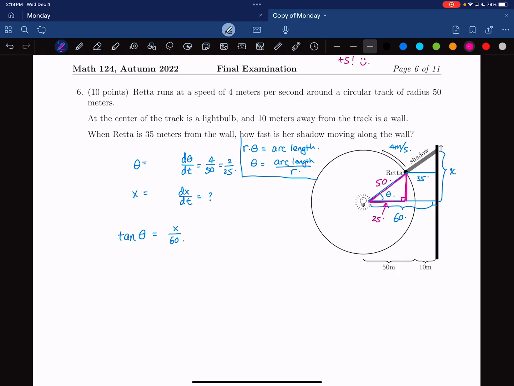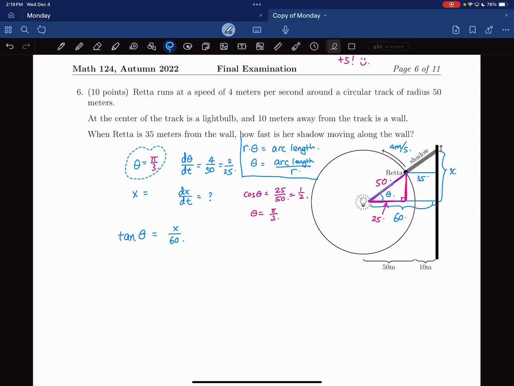So what that means is that I can set up cosine of theta is 25 over 50, which is 1/2. That's a special trig angle, and that means theta is equal to 60 degrees, or pi over 3. So theta here is pi over 3.